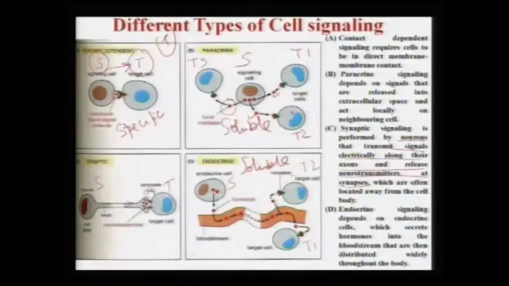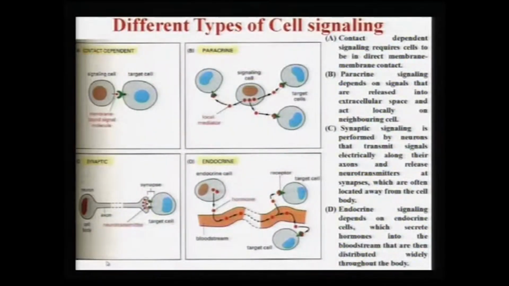In the category of soluble signals, there are 3 different ways this signaling can take place. One is autocrine, one is paracrine. Autocrine means the cell signals to itself. Paracrine means the cell signals to a neighboring target cell. And endocrine means cells secrete the signal molecules that will be carried away through the bloodstream and then transported to another target cell.